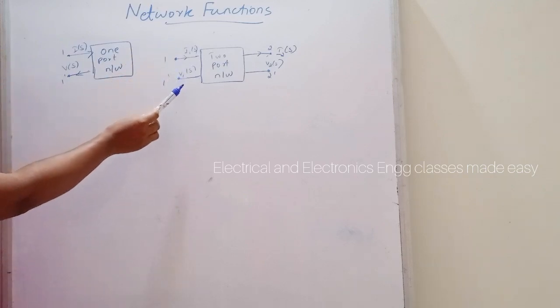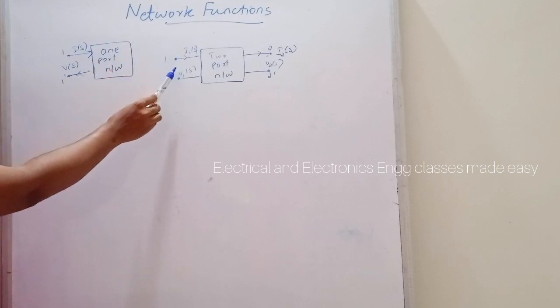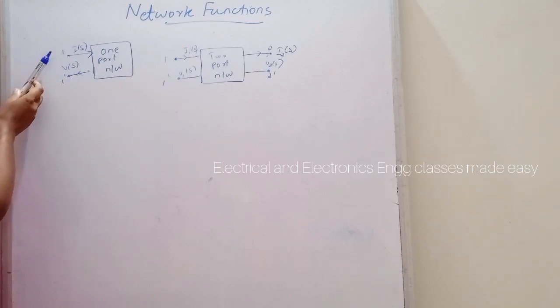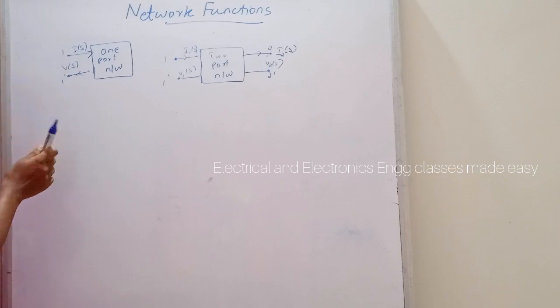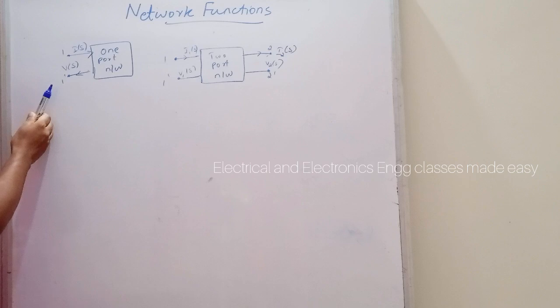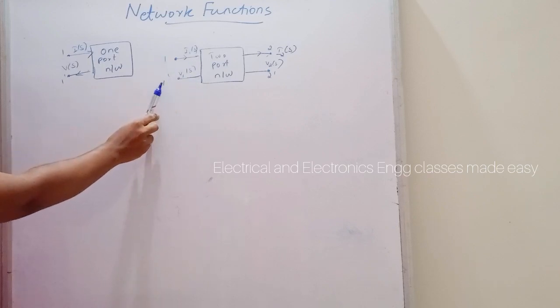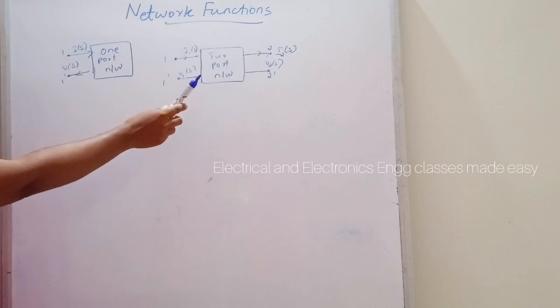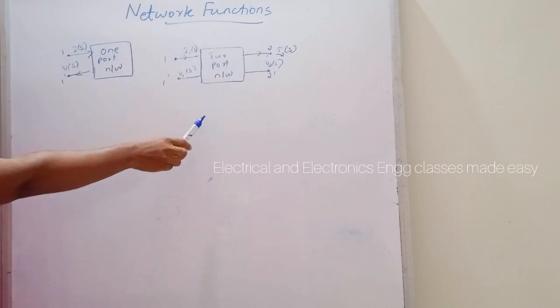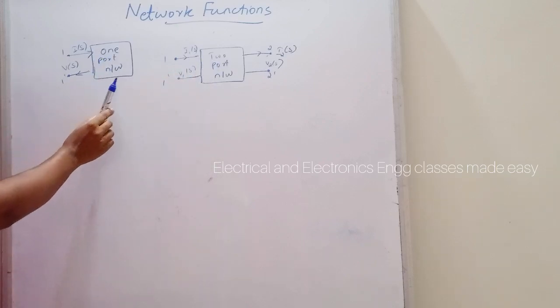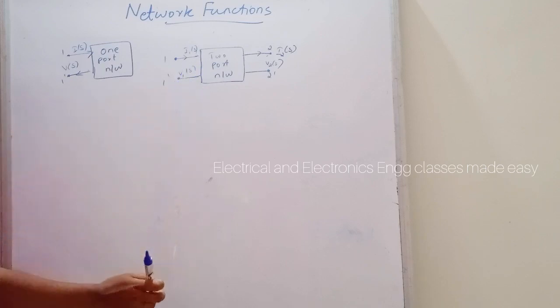For a two-terminal pair network, two currents and two voltages must exist. Here only one voltage and one current will be there. Here 1 1 dash is called the port, and in the two port network 1 1 dash and 2 2 dash are called the two ports, hence the name two port network.